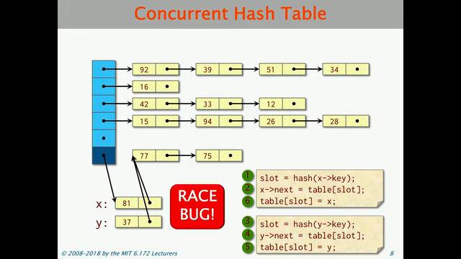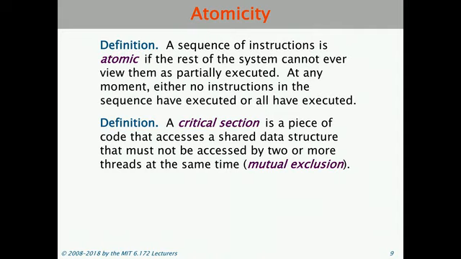So the standard solution to this is to make some of these instructions be atomic, okay? And what that means is the rest of the system can never view them as being partially executed. Okay, so either all of them have been executed or none of them have been executed at any point in time as far as the rest of the system is concerned.